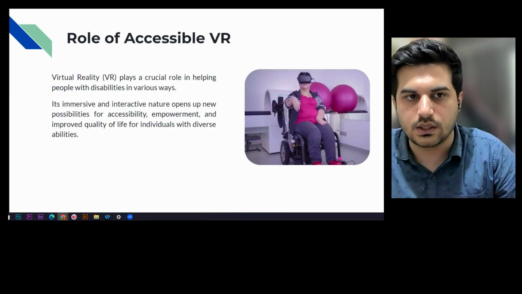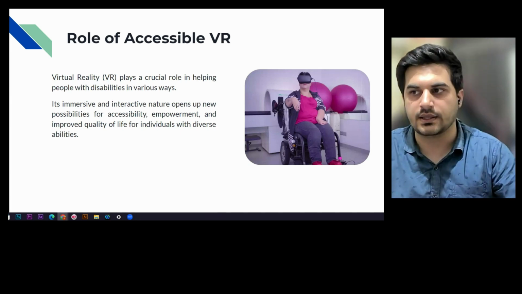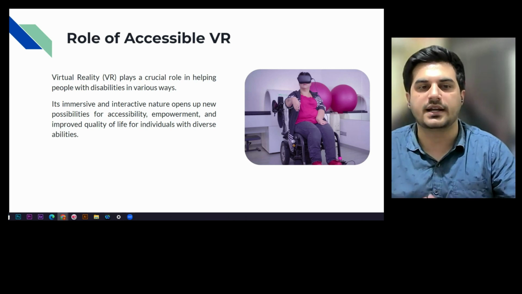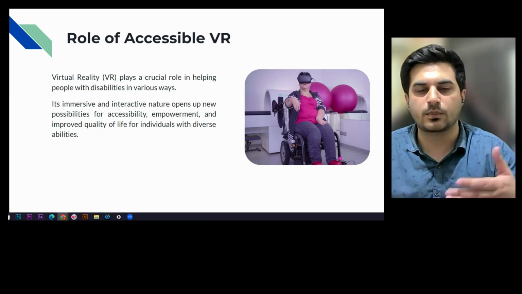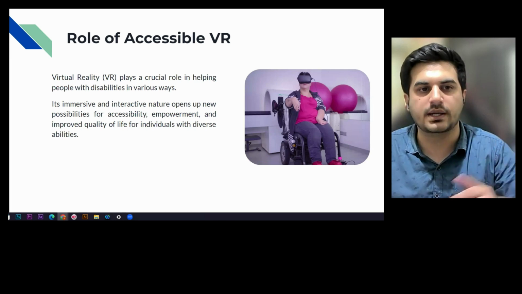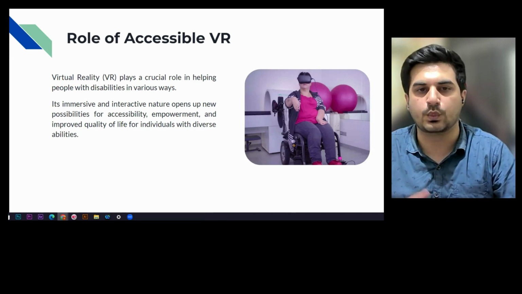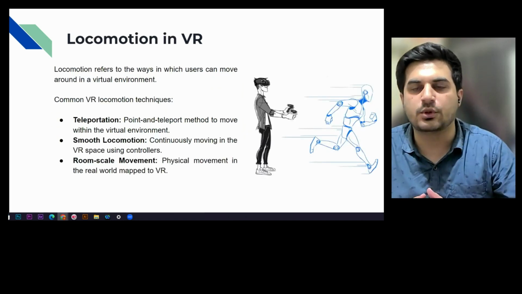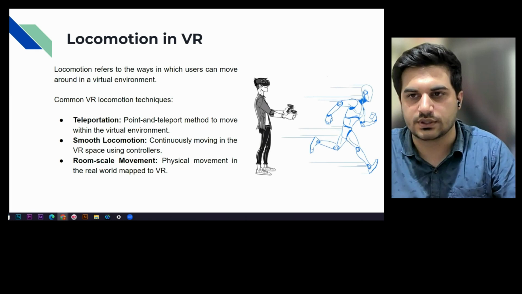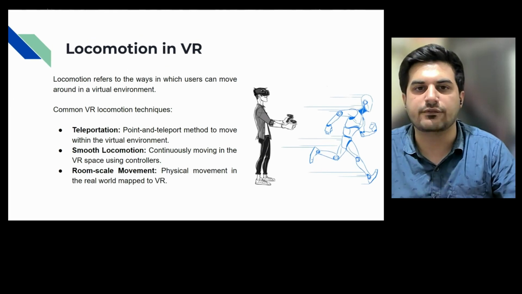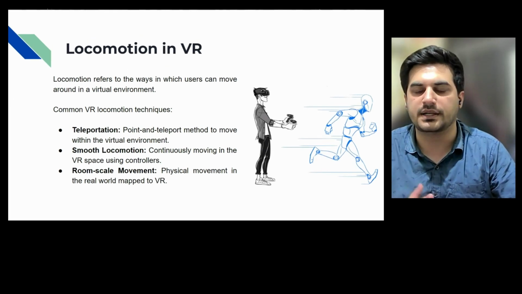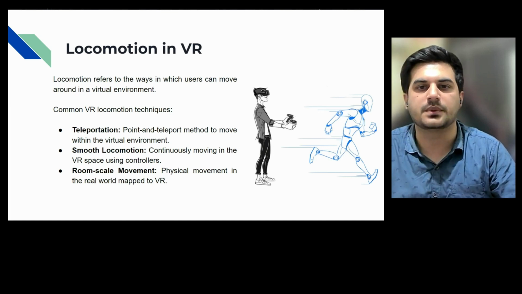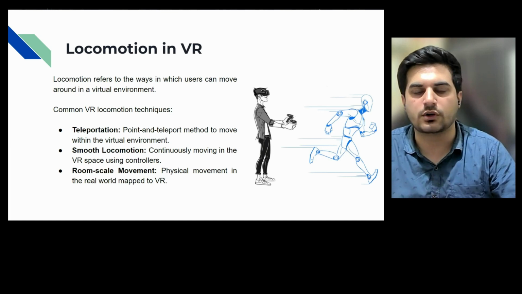For this VRC, we are focusing on virtual reality and how its immersive and interactive nature can open new possibilities for accessibility, empowerment, and improved quality of life for individuals with diverse abilities. By leveraging this technology, developers and designers can address mobility challenges, empower the users, and offer inclusive experiences.